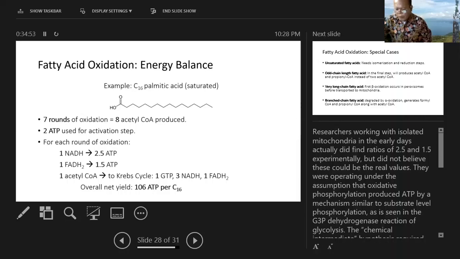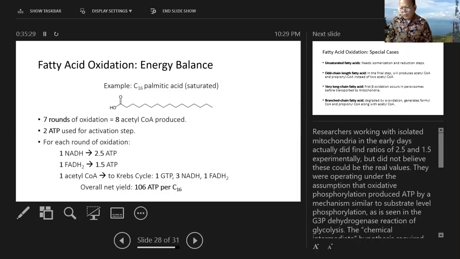They were operating under the assumption that oxidative phosphorylation produces ATP by a mechanism similar to substrate level phosphorylation, as is seen in the glyceraldehyde dehydrogenase reaction of glycolysis. The chemical intermediate hypothesis required integer numbers, so they rounded up to 3 and 2.